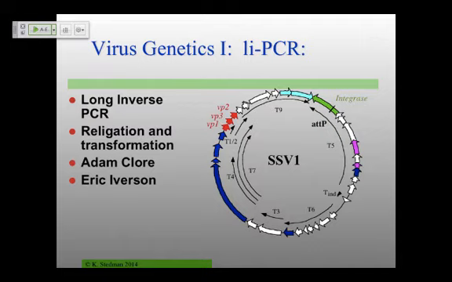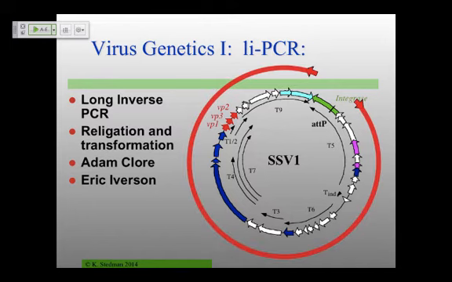Basically you have two PCR primers that you design, but instead of facing towards each other, which is usually what you think about when you do PCR, they in fact face away from each other. But if you have a circular genome, these will now amplify that whole circular genome, and then if you just ligate those two primer ends back to each other, you generate a genome that's missing some gene that you're interested in.